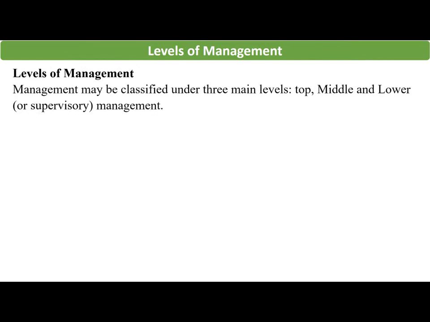Okay, first of all, we shall see the levels of management. So, what are the levels of management? Management may be classified under three main levels: top level, then middle level, then lower level, which we can also call the supervisory level.